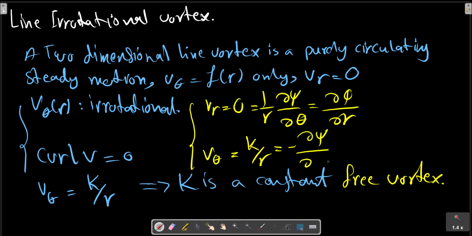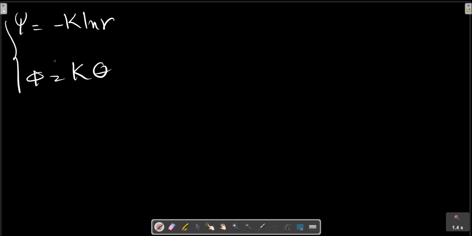Opposite, we have theta v r, and for phi we have the same derivation of the component. With integration and eliminating the constant, we can obtain psi and phi, where k is a constant called the strength of a vortex.